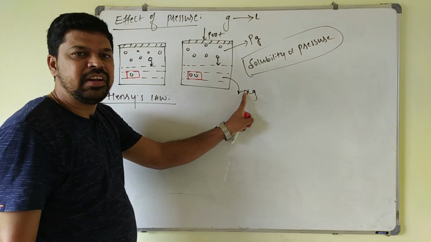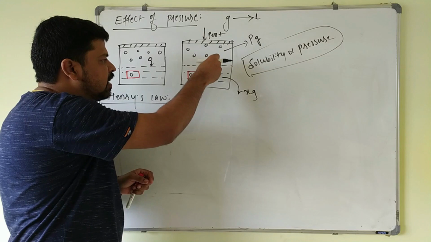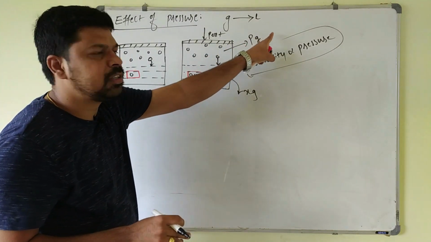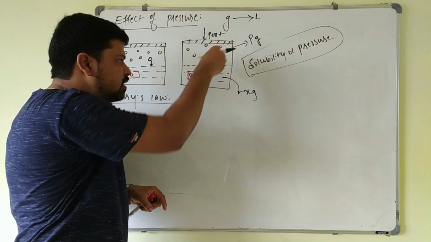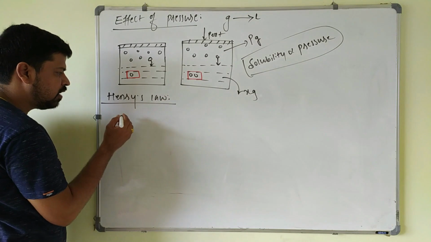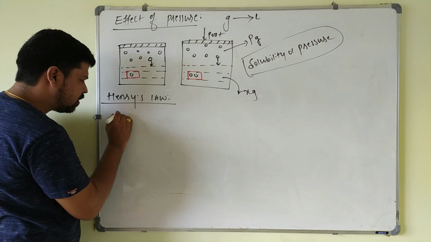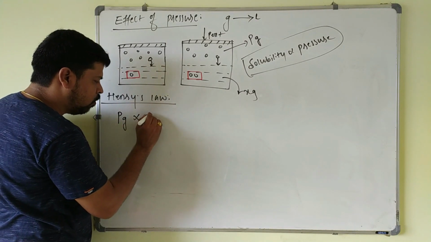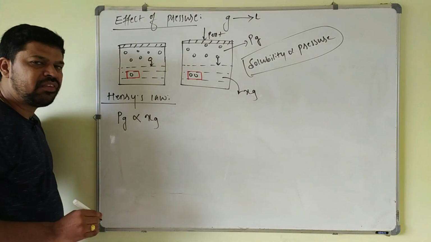X is the mole fraction we will take. So the concentration of the gas in the liquid is expressed in terms of mole fraction here. The more the pressure of the gas, the more will be its concentration in the liquid. So according to Henry's law, the partial pressure of the gas in the vapor phase is directly proportional to its mole fraction in the liquid phase here.